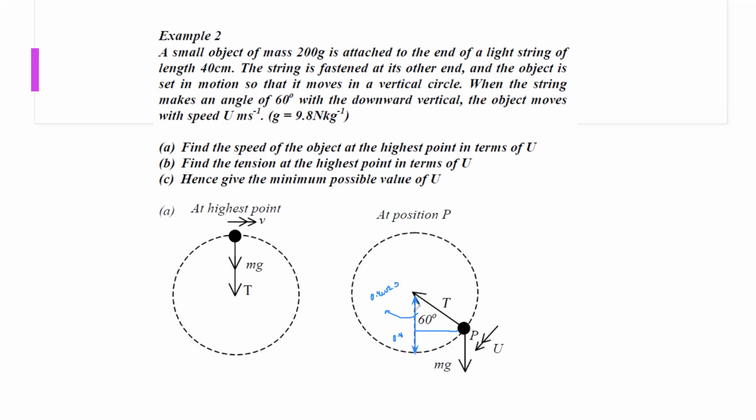So if the total is 0.4 and this is 0.4 cos theta, what will be the height above it? We'll subtract. So when we subtract, we'll get this total height.